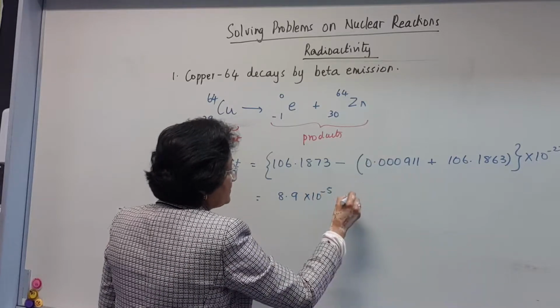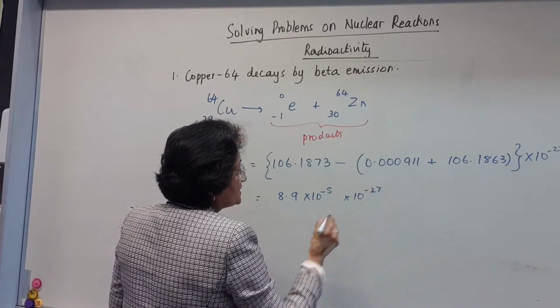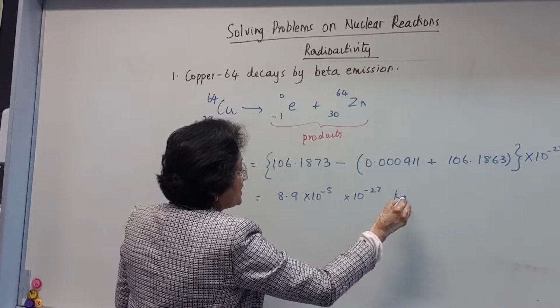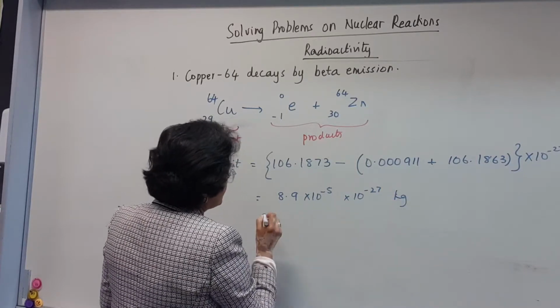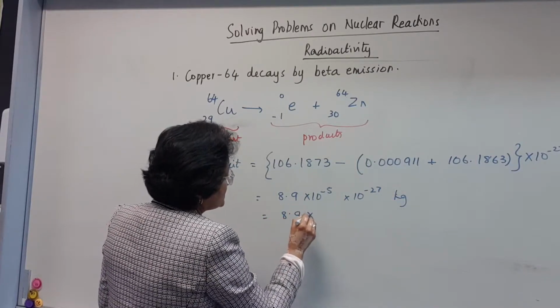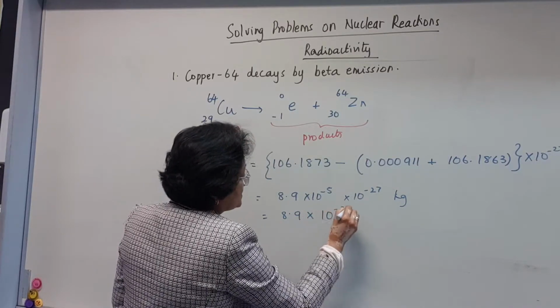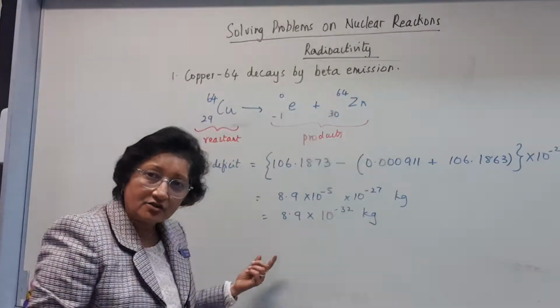And I also have the times 10 to the power of negative 27 kilograms. So 27 and 5 is 32. So the way that we can write this is 8.9 times 10 to the power of negative 32 kilograms.